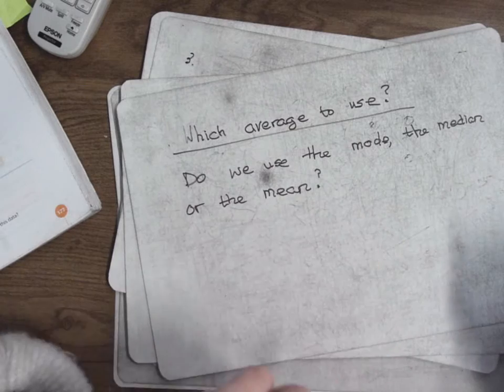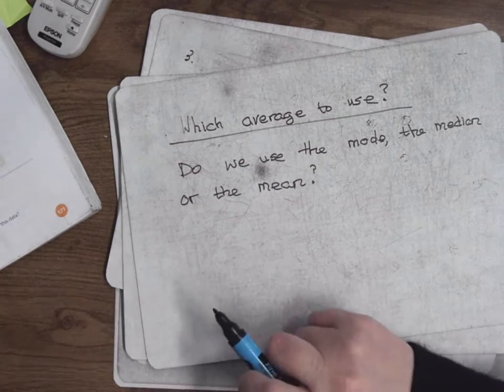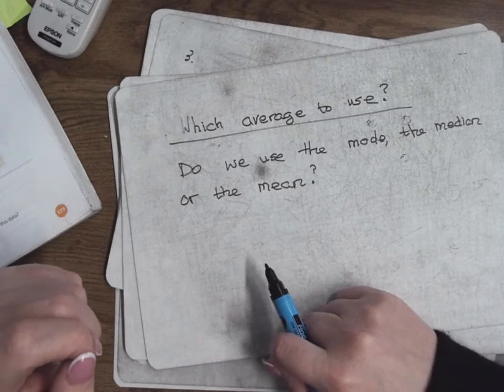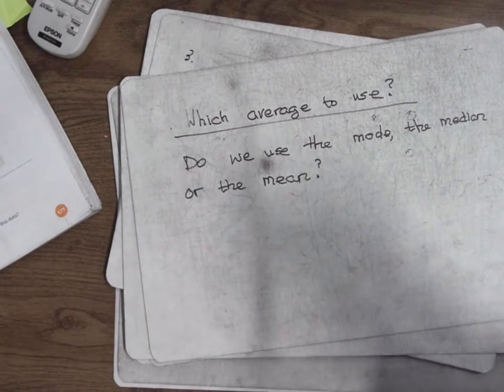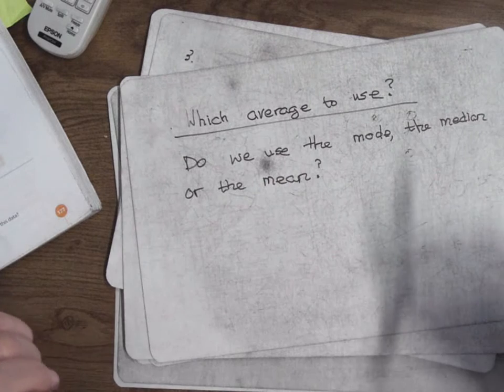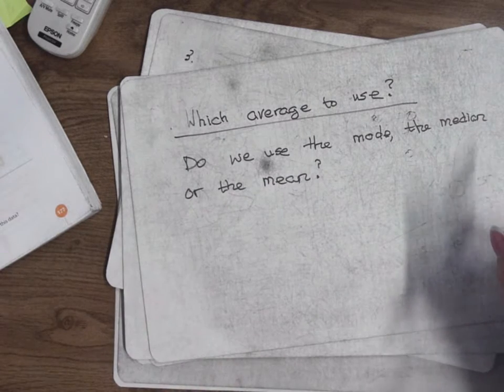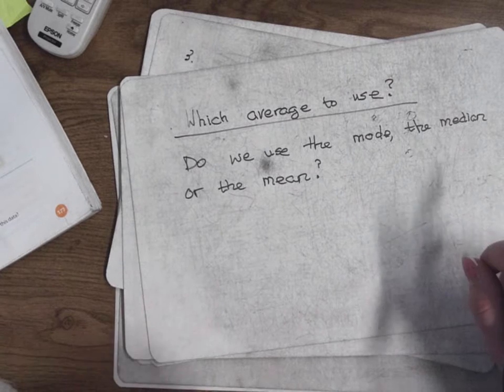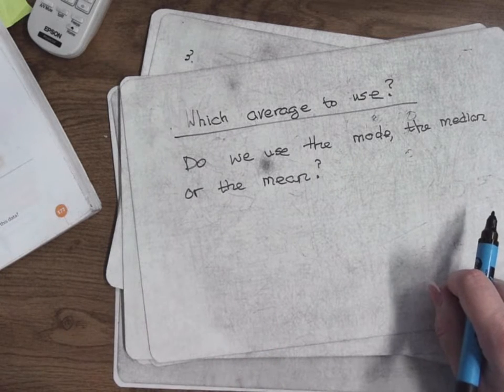Right, so tell me what the mode is again. Yeah, the number that appears most often. What's the median? The middle one. I put them in order and it's the middle one, isn't it? And what's the mean? You add them all up and divide by the number of numbers. So they're all good in their own way, right?